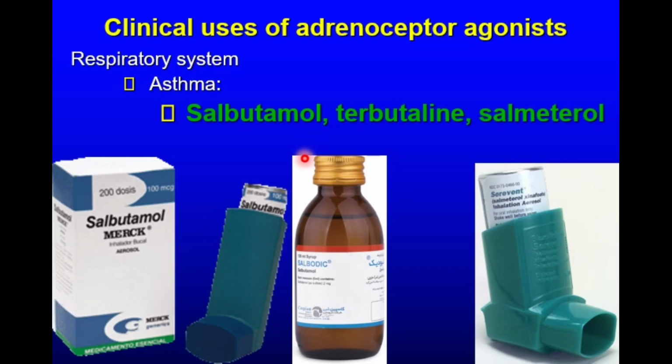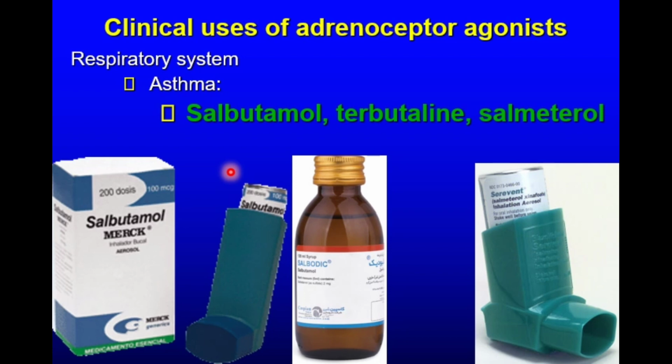Before the 1960s, adrenaline was used for treatment of asthma. Adrenaline via beta-2 adrenoreceptors causes bronchodilation. However, it simultaneously increases heart rate and blood pressure. During the 1960s, isoproterenol was introduced as an anti-asthmatic drug.